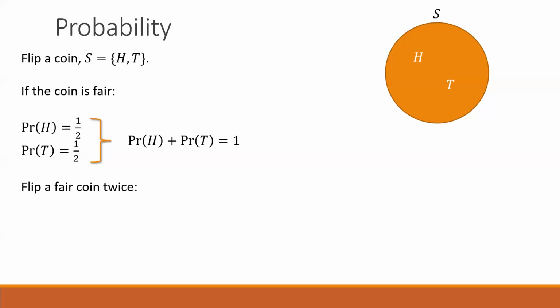Or we can have an experiment where we flip a fair coin twice in a row, right? So then we have to look at all the possibilities. Our sample space now is the result of flipping 2 coins. I could have flipped heads, heads. I could have flipped heads, tails. I could have flipped tails, heads, and I could have flipped tails, tails. These are all possible outcomes of my experiment.